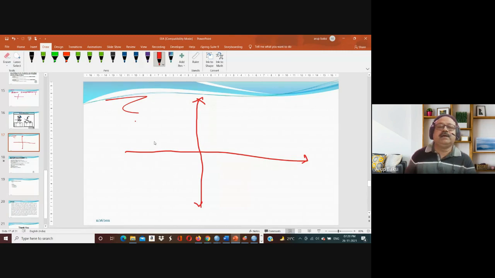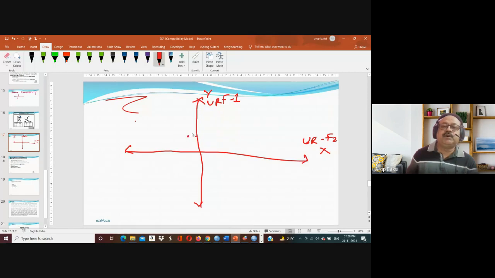Suppose this is my x-axis and this is my y-axis. Say this represents the unrotated factor 1, and this is the unrotated factor 2.